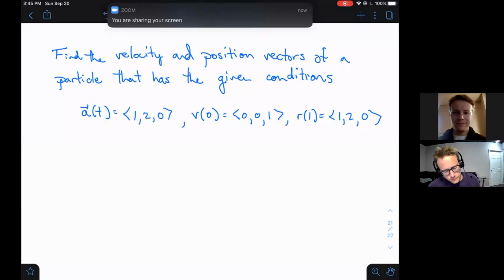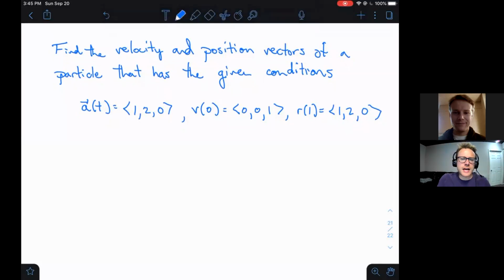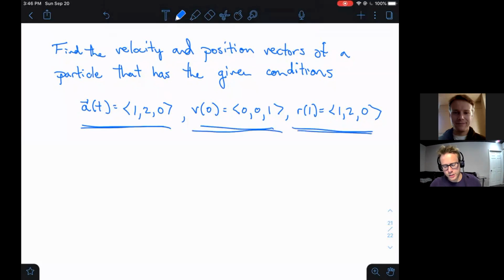All right. So here, find the velocity and the position vectors of a particle that has the given conditions. So we're given that we have an acceleration at all time, right? It just says a of t. We have velocity and we have position, right?